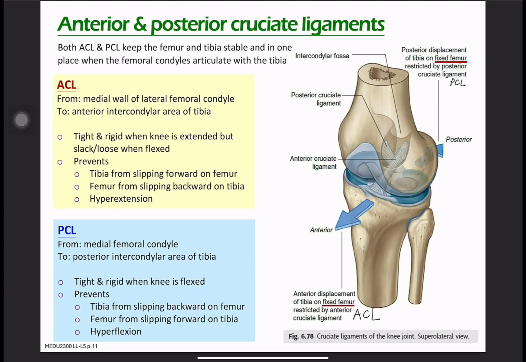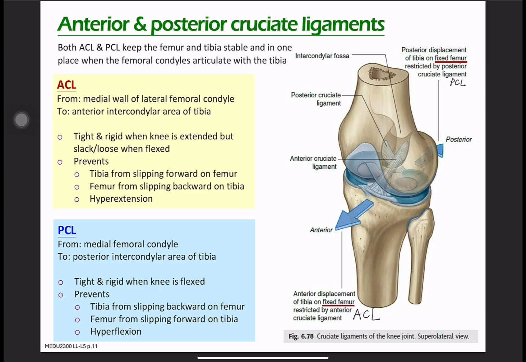Let's examine the cruciate ligaments in more detail. These are intracapsular ligaments that cross each other within the joint, hence the name cruciate, meaning cross-shaped. The ACL originates from the medial wall of the lateral femoral condyle and then descends forward to attach at the anterior intercondylar area of the tibia.